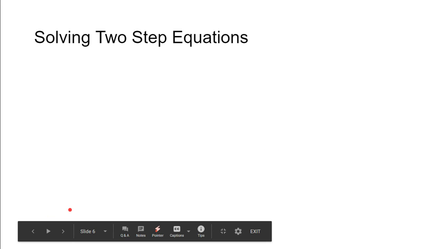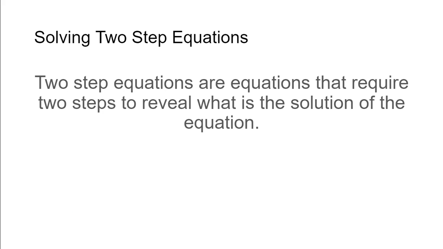Okay, and now solving two-step equations. These are a little bit more work because there are more operations inherently happening inside of this equation. Because of the way the world works, when we have multiple operations, we have a process called order of operations.